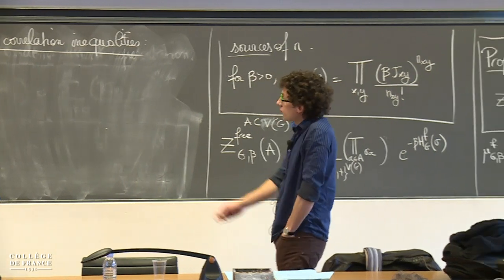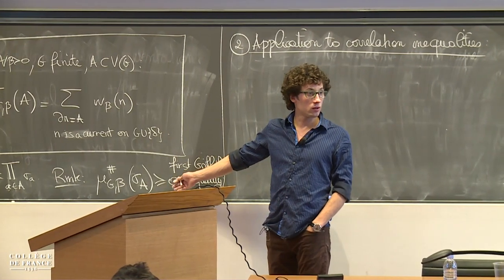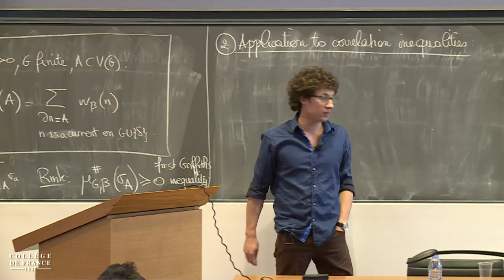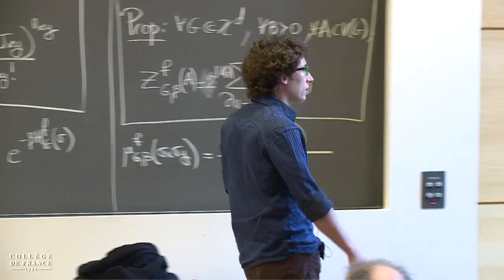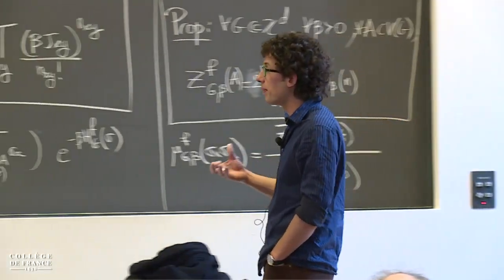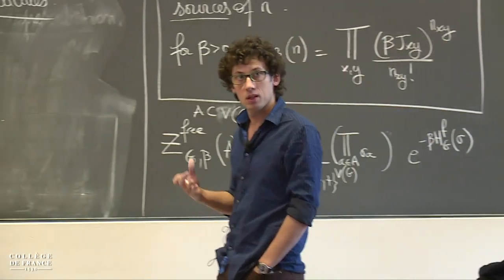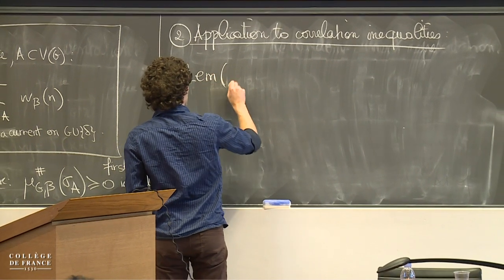Okay. So this was just a straightforward application. Okay, you just observe that you are summing positive things. For the other application to differential inequality, to correlation inequalities, we are going to need a lemma, and that's going to be our main tool. I'm going to use it almost constantly. So this lemma is called the switching lemma.